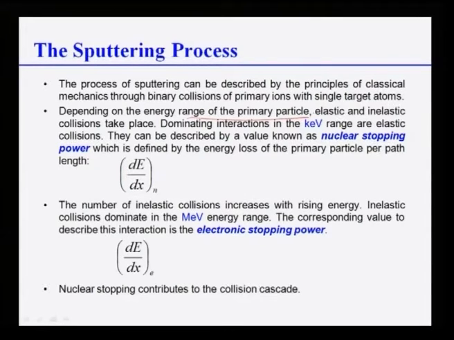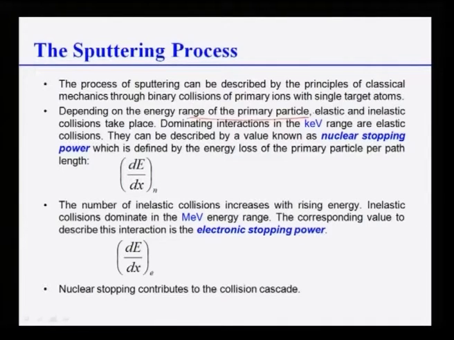So, if primary particles are losing energy because of the sputtering process, we can always take dE/dx as a parameter to determine the interaction between the primary ions and the target atoms, and this is what is known as nuclear stopping power. The number of inelastic collisions increases with rising energy, as is usual. Inelastic scattering normally dominates if you have energies in the mega electron volt range.